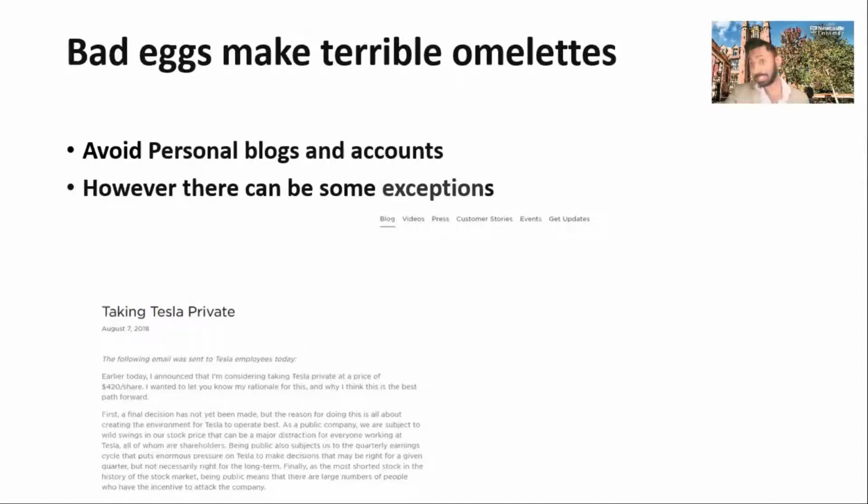But by saying so, there are some exemptions. If the blogger or the article author is a credible source, then of course you can use it. For example, I figured out there's an article in the Tesla blog by Elon Musk. So if Elon Musk himself is writing this blog about his organization, that blog can be used as a credible citation.